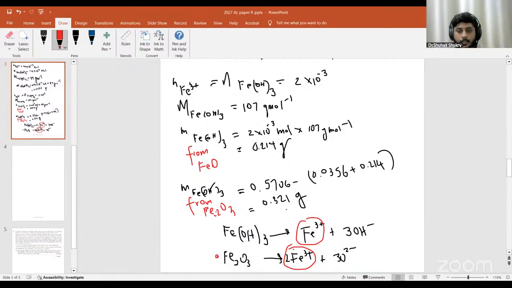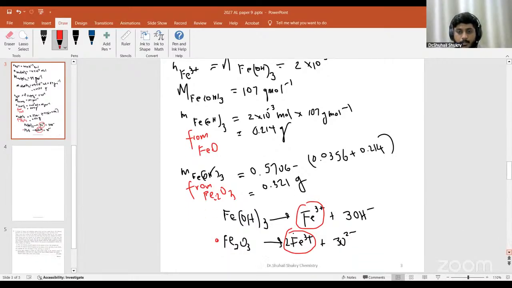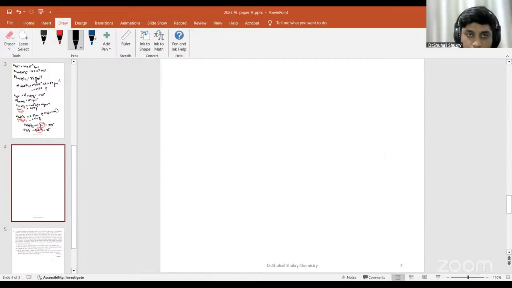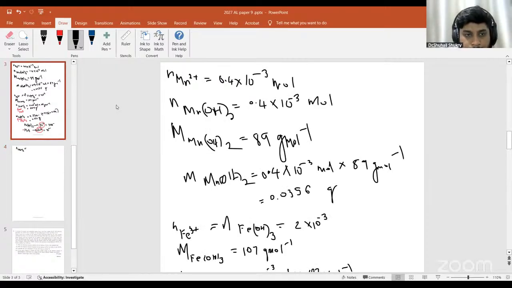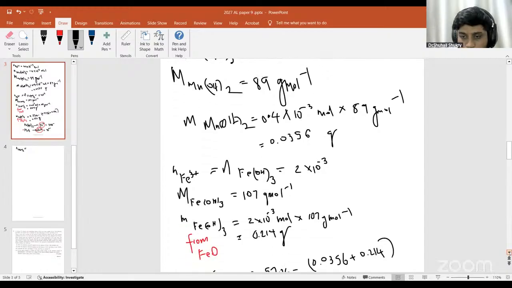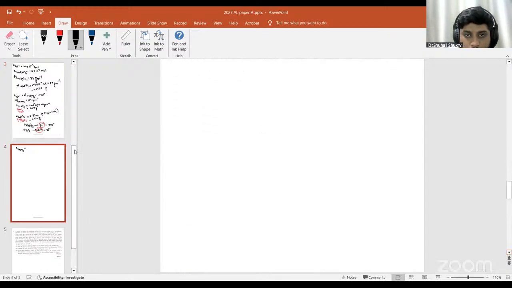So using the mass of ferric hydroxide, I can find the moles of Fe(OH)3. I know the mass of Fe(OH)3 is 0.321.